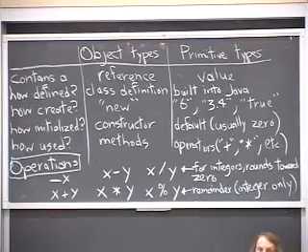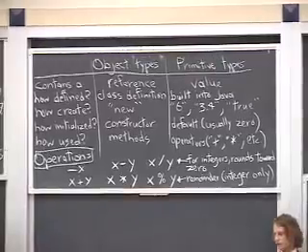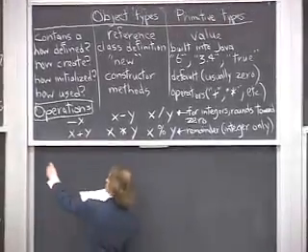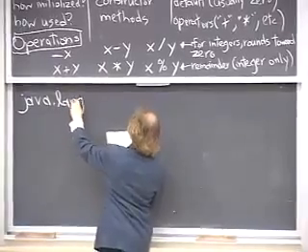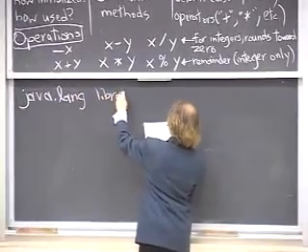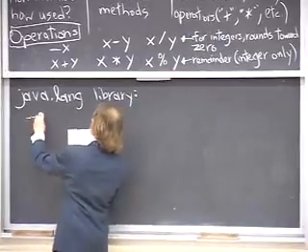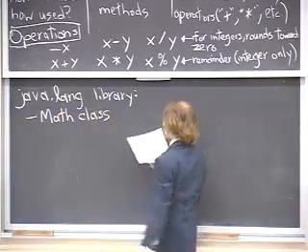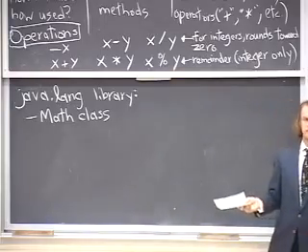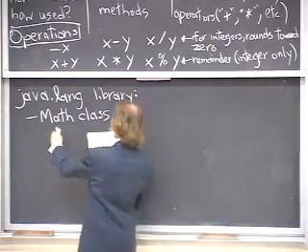These are not the only operations that Java has, but the more complicated ones tend to be held in special libraries. So for instance, the java.lang built-in library has a math class. And as the name suggests, it's the first place you look for interesting mathematical functions.